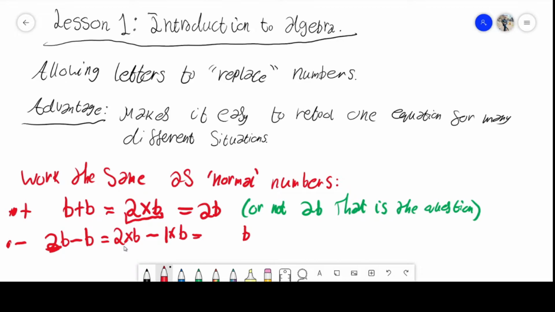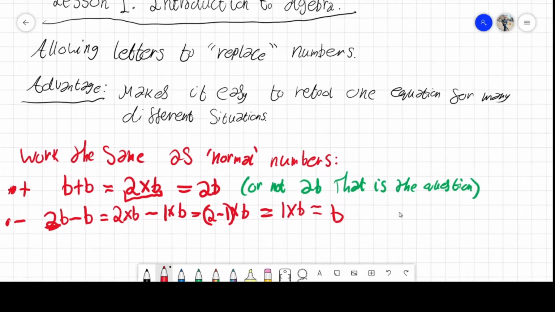And then I'm going to pick up in a bracket everything that acts onto a B, and I'm going to put it into another bracket, so that being 2 minus 1 times B. And then I can solve this bracket here. So 2 minus 1 we know is equal to 1. So then this is equal to 1 times B, or is just equal to B.